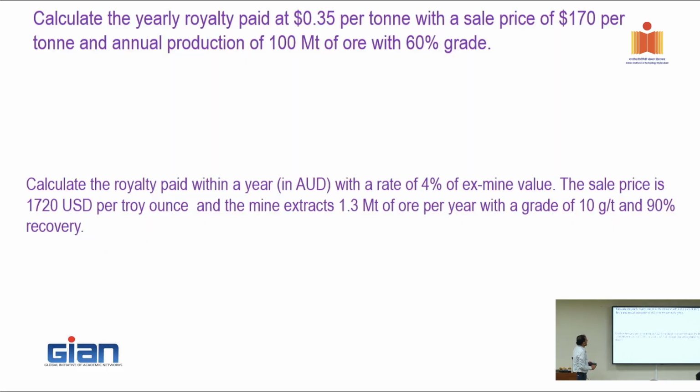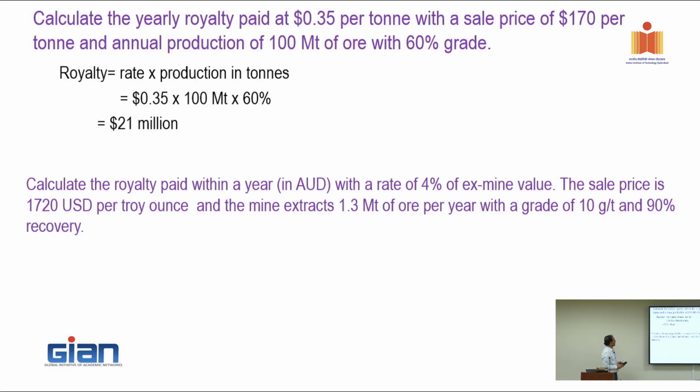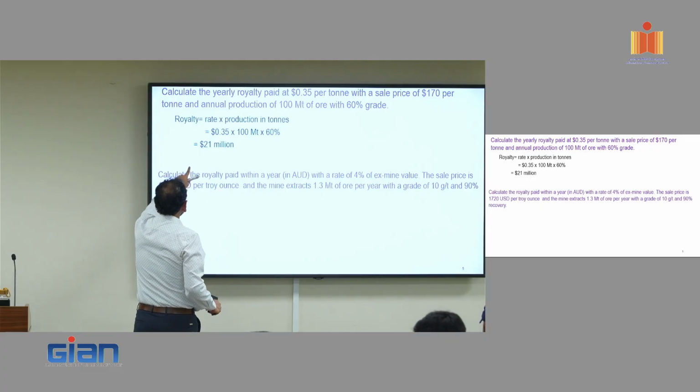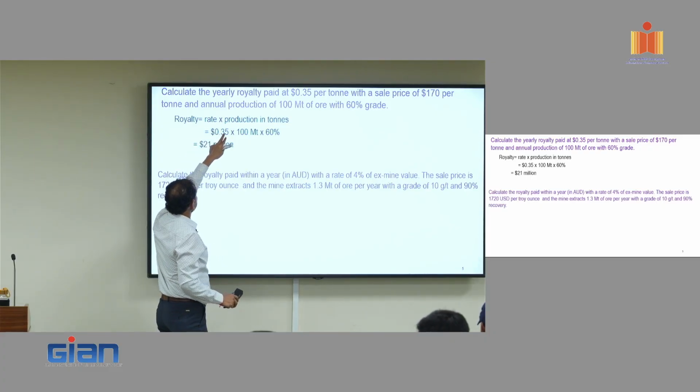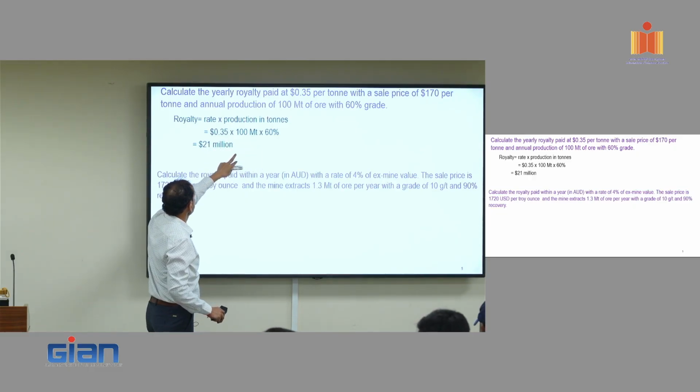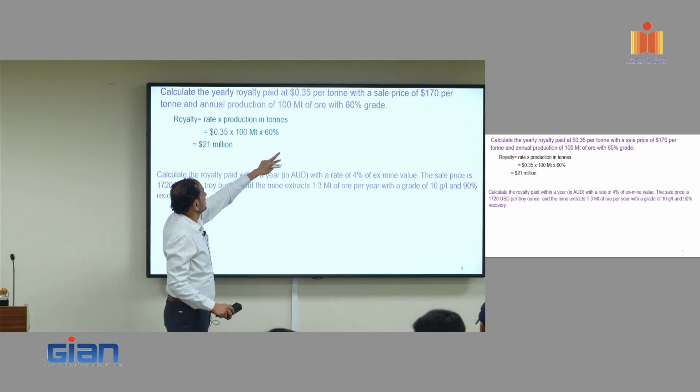So let us quickly look at this. What royalty does the government get paid? There are many royalty systems, simple royalty, ad valorem, and so on and so forth. There are two methods that I have shown here. It is simply a rate times production in tons. The rate is how much? 0.035 per ton, and so many million tons. And then the ore grade is 60%.